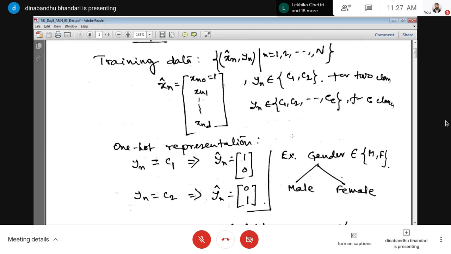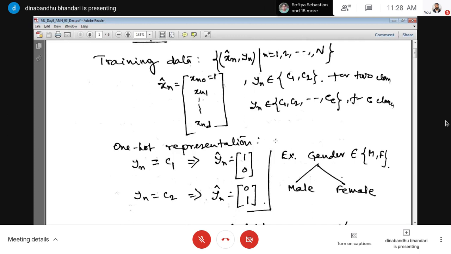So one of the C values, YN1, YN2, YN3 up to YNC, one of them will be 1, remaining are 0. There are a lot of other advantages as well. Anyway, this is called one hot representation.